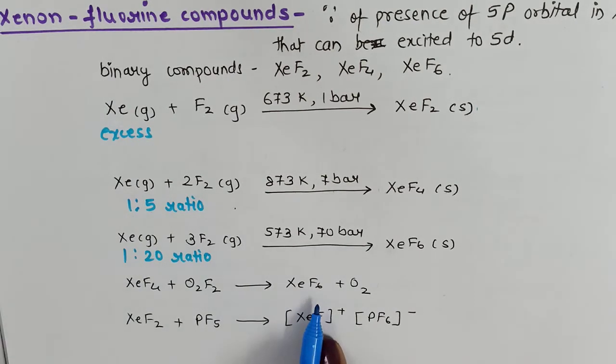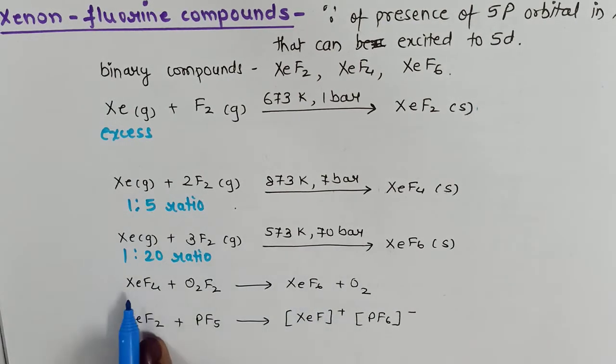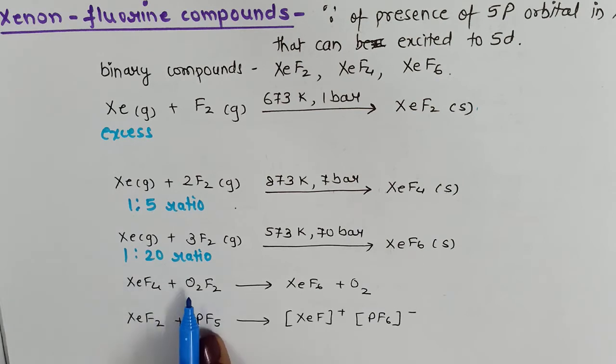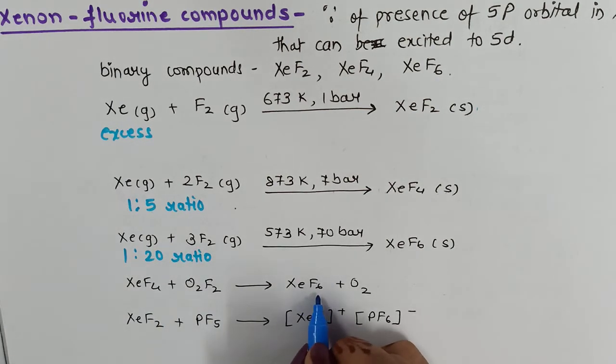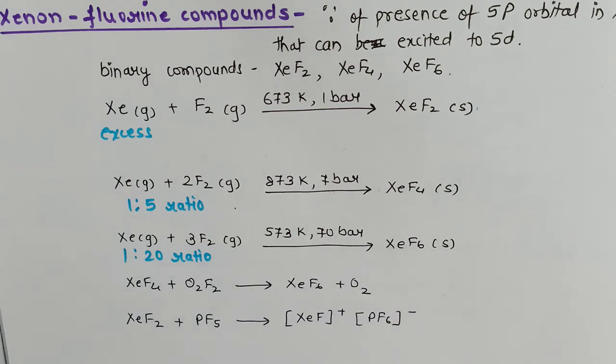Now xenon hexafluoride can also be prepared by the reaction of xenon tetrafluoride with dioxygen difluoride. The product will contain xenon hexafluoride and oxygen gas will be liberated. The next reaction is xenon fluoride reacting with a fluoride ion acceptor to form cationic species and fluoride ion donors.